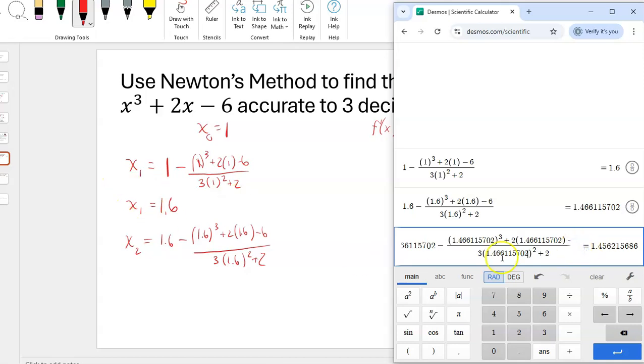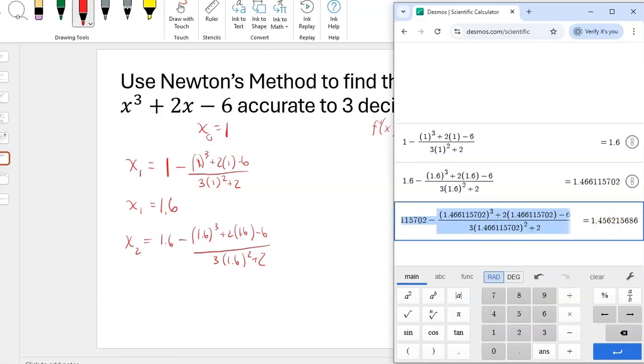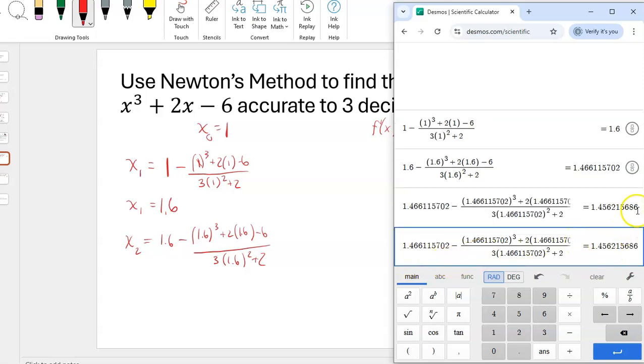And remember our rule, we're going to follow this procedure until our value here is the same for the first 3 digits. So I can go through. It's going to be the same process, but instead of that 1.466, I'm going to plug in my 1.456 all the way through. And we're going to see what happens.